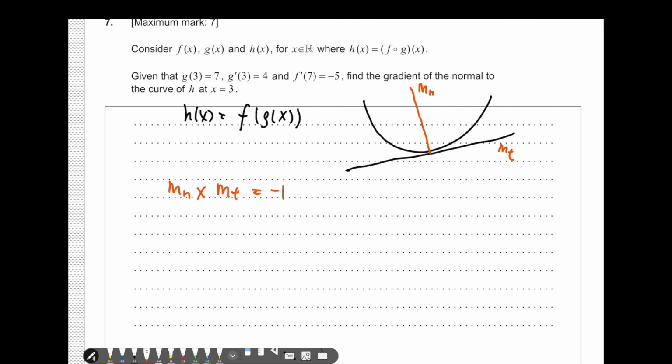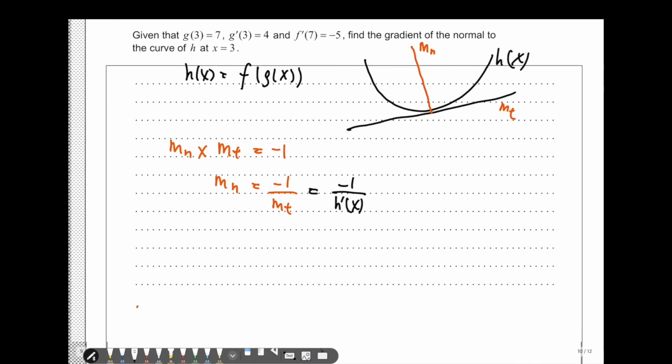So we have the slope of the normal, that's -1 over mt, and we know that that is the function of h. So we have -1 over the gradient of that, which is this h prime x, right?